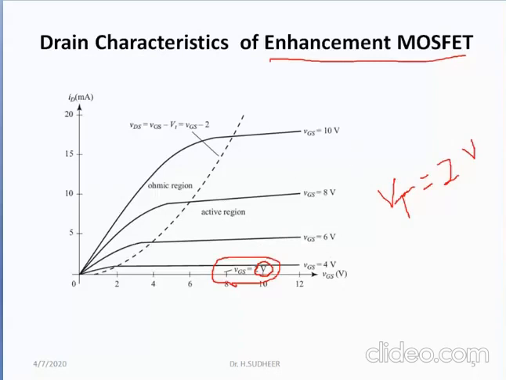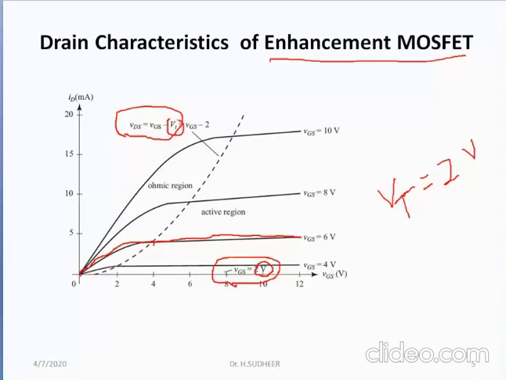Whenever you increase VDS, ID will start increasing in the ohmic region. Once it crosses the border between ohmic region and active region, ID will remain the same. The major difference here is the condition for the MOSFET to go from ohmic region to active region. In depletion MOSFET, the condition is VDS should be greater than VGS minus VP. But in case of enhancement MOSFET, the condition is VDS should be greater than VGS minus VT.